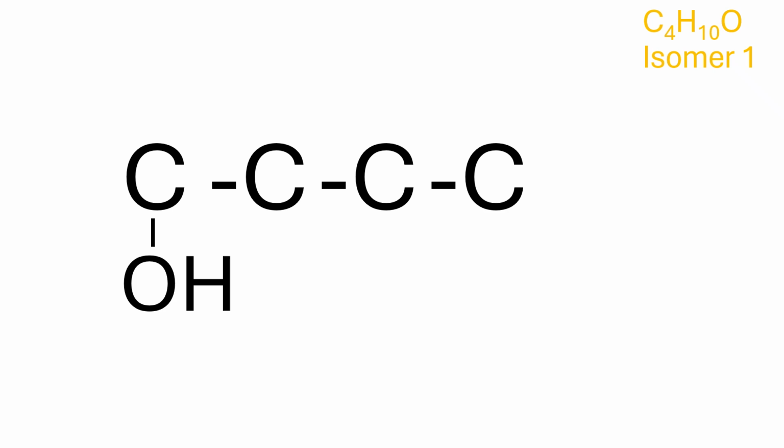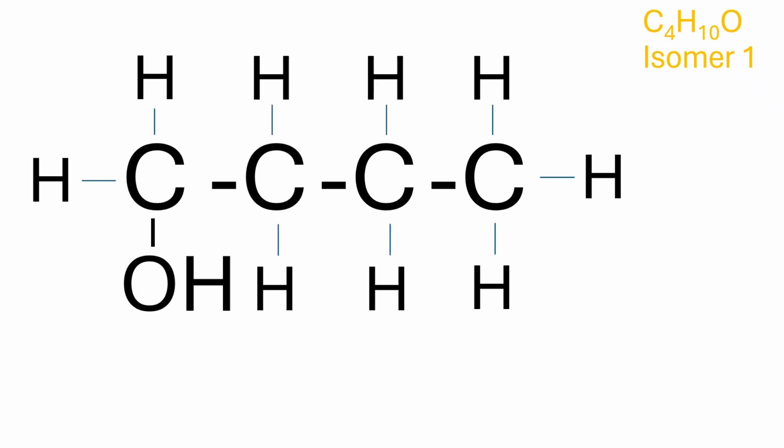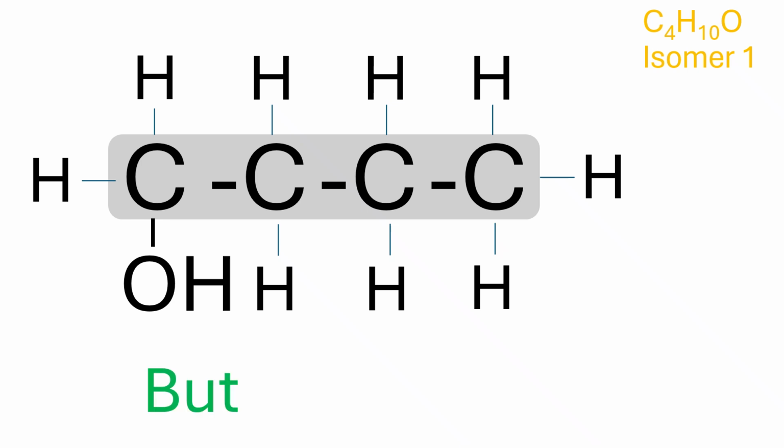I'll go through a few different structures of alcohol that involve 4 carbons, and by putting the hydroxyl group here and filling up with hydrogens, you'll have 10 hydrogens with 1 oxygen. That matches the general formula. And having this 4 carbon main chain, we have the prefix but-, which is written as but and reads as bute.